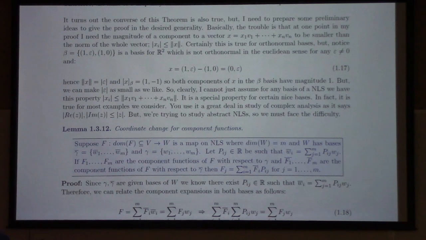And yet the components are both 1 and minus 1. So the components both have magnitude 1. And it's quite clear that 1 doesn't have to be smaller than epsilon because we can make epsilon as small as we want. So for generic bases, this just is not true, annoyingly so, right?